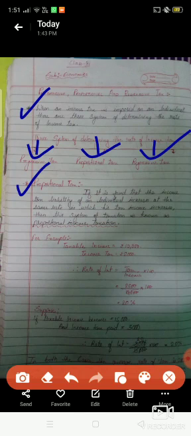So, first is proportional tax. If it is found that the income tax liability of any individual increases at the same rate at which his taxable income increases, then this system of taxation is known as proportional income taxation.